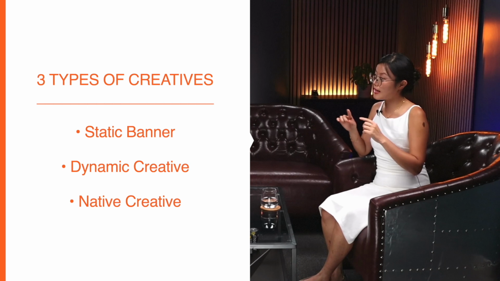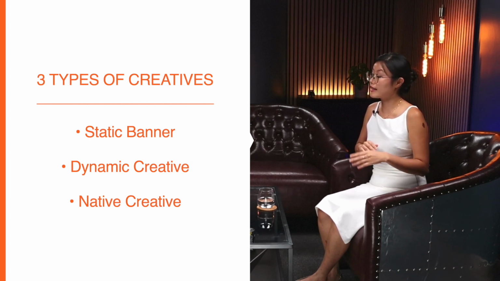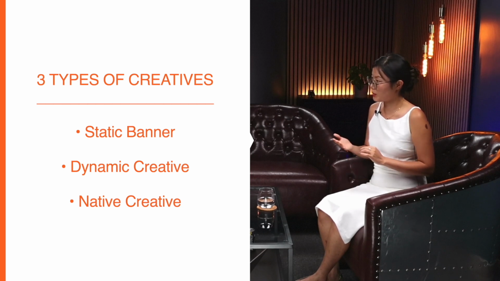We are focusing on three kinds of creatives. One is called a static banner, the second one is a dynamic creative, and the third one is a native creative. So the static creative literally means it's just a photo.